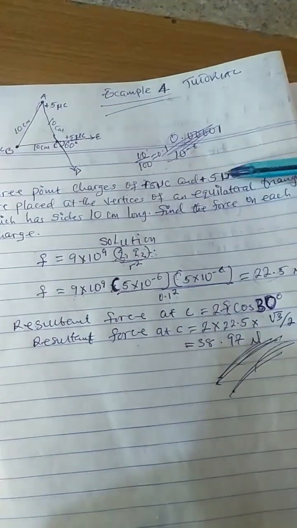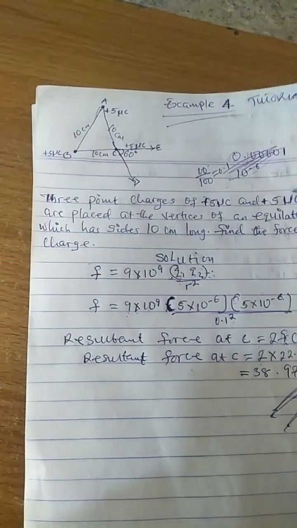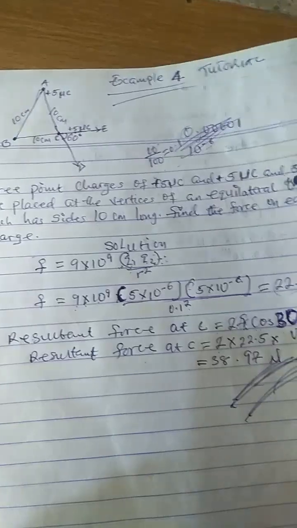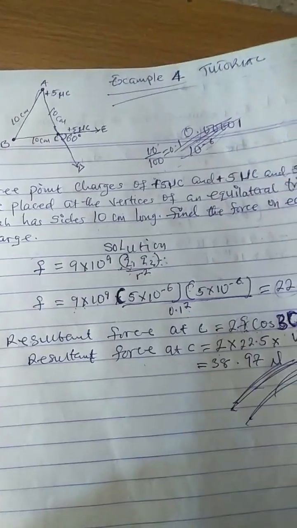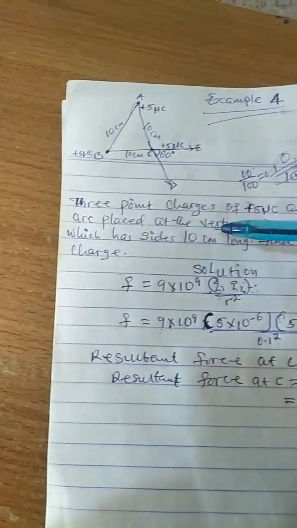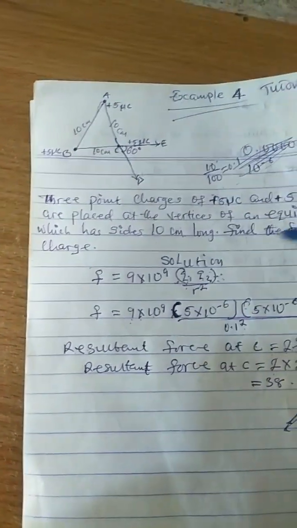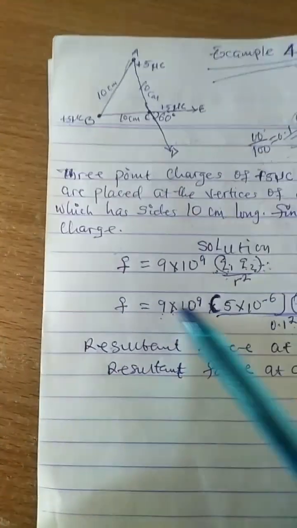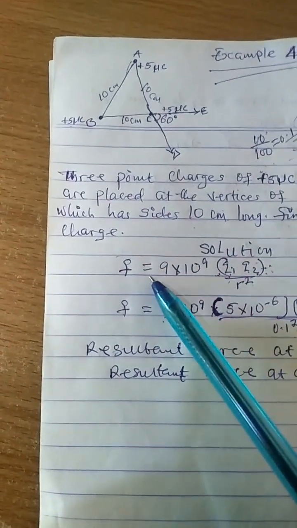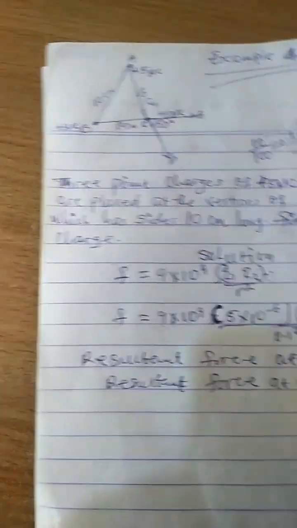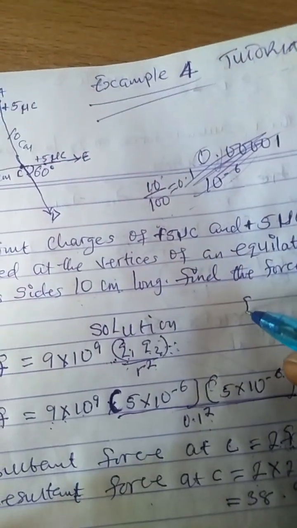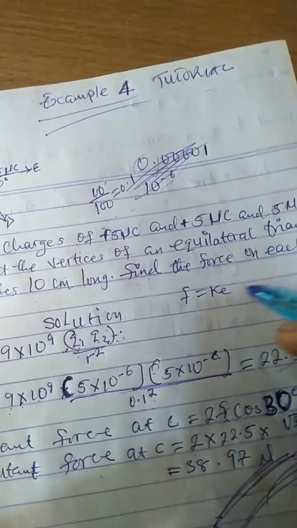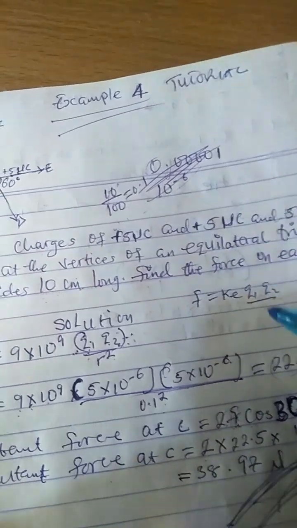All right, before the video ends, I want us to still go back. They say 3-point charges. These 3 charges are placed at the vertices of an equilateral triangle, which has a side of 10 centimeters long. Find the force on each charge. So therefore, using the formula, remember, the formula is F equals K_e Q1 Q2 over R squared.